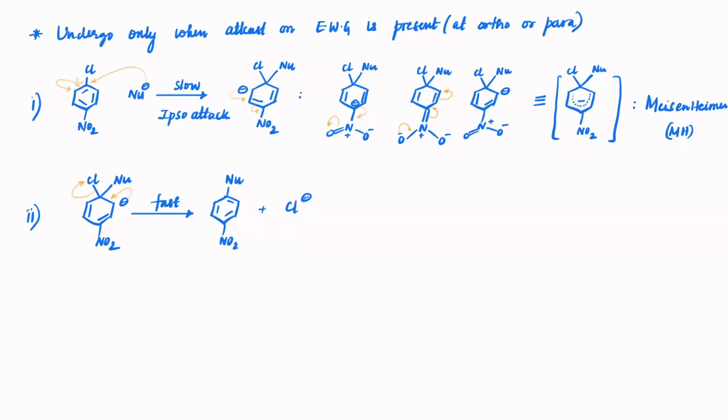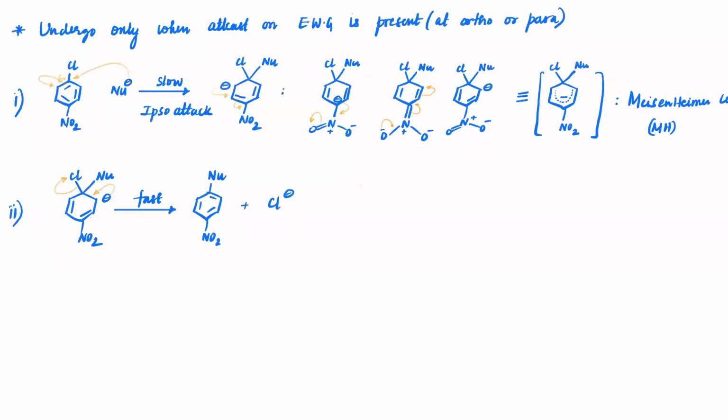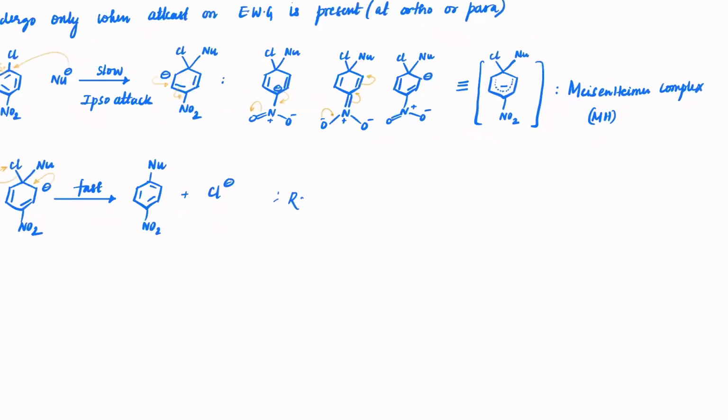Okay. Now, if you notice the rate of the reaction will be equal to some constant times substrate, which is your alkyl halide, multiplied by nucleophile. So it shows that the order of the reaction is 2.